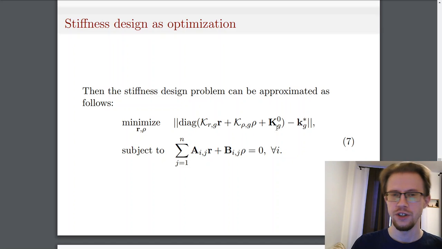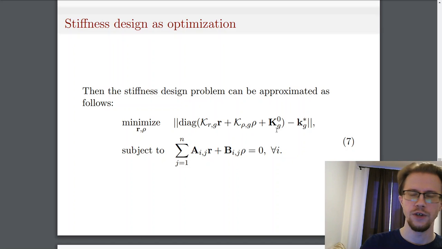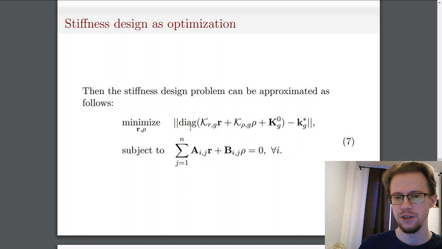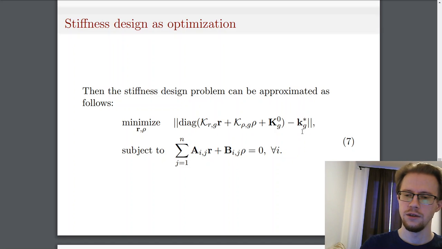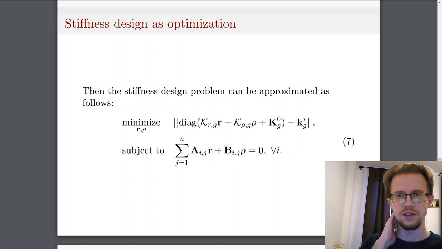For example, we could vectorize it and multiply it by a function which would choose which components we can control, etc. There are many possibilities, but here we just take the diagonals from this matrix and compare them with our desired values. And all of this is subject to our static equilibrium constraints.